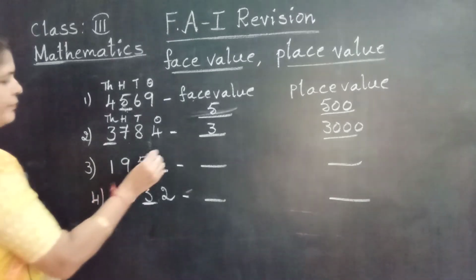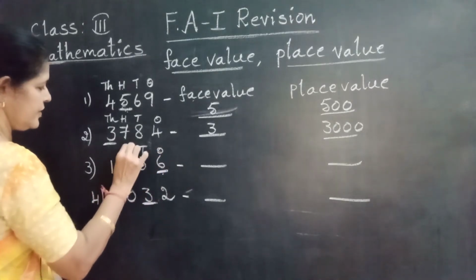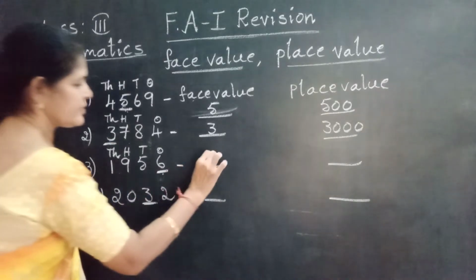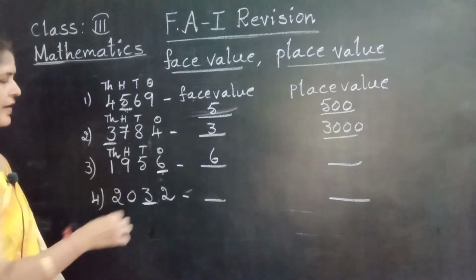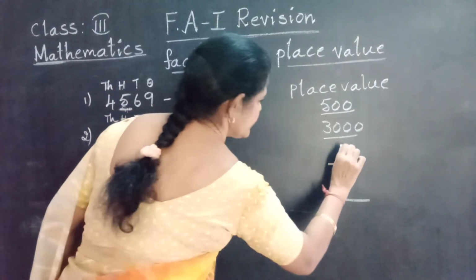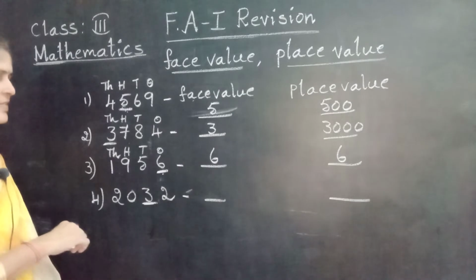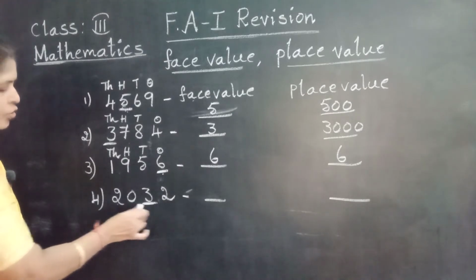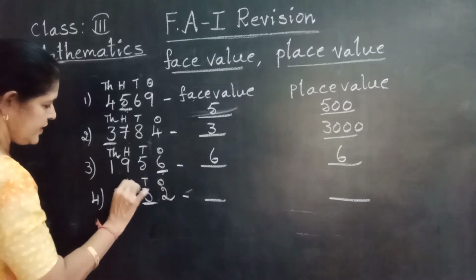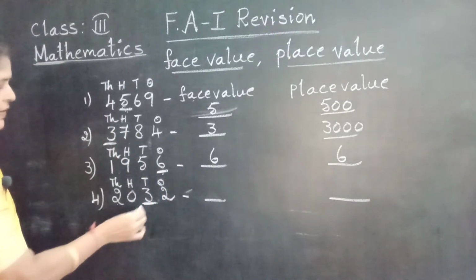Next come to here. Ones, tens, hundreds, thousands. Underline number is 6. Face value 6. 6 is in the ones place. 6 ones means place value also 6. 2032. Ones place, tens place, hundreds place, thousands place.